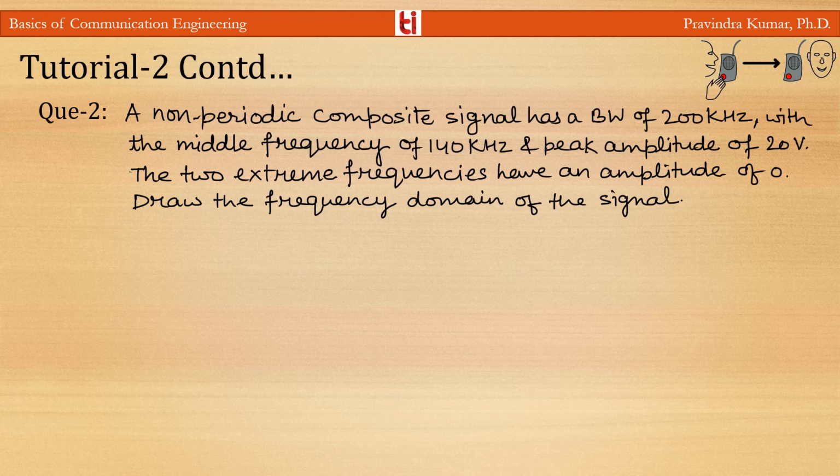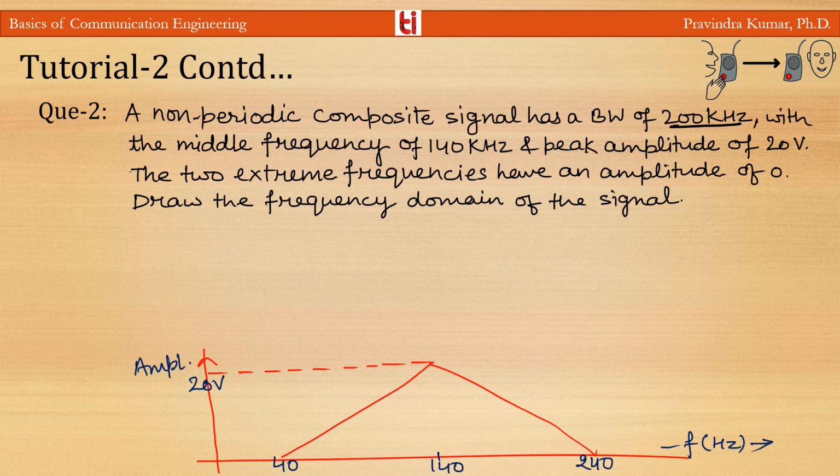Here the bandwidth is 200 kilohertz and the middle is 140 kilohertz. Because the bandwidth is 200 and the middle is 140, the lowest frequency should be 40 and the highest frequency should be 240, in kilohertz.